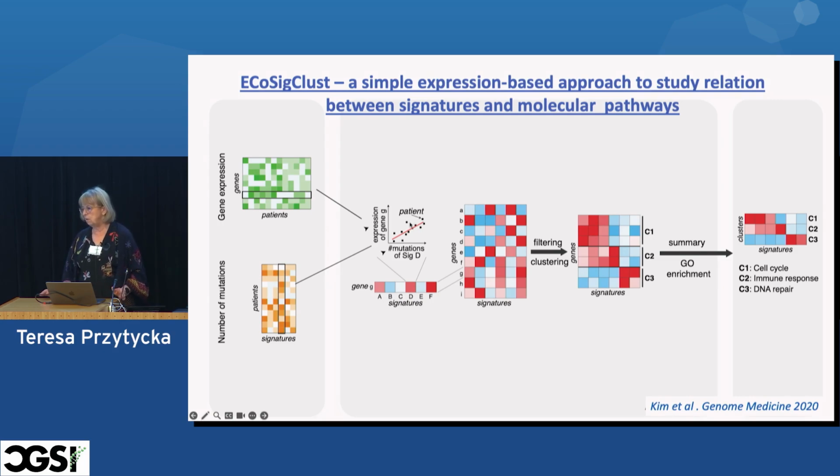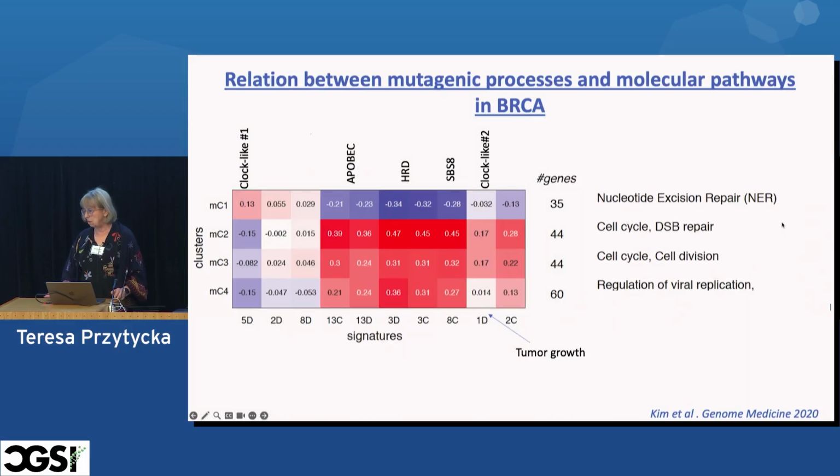Picking up all the genes for which we find a significant correlation, we can cluster the data and identify clusters of genes that correlate with individual signatures.